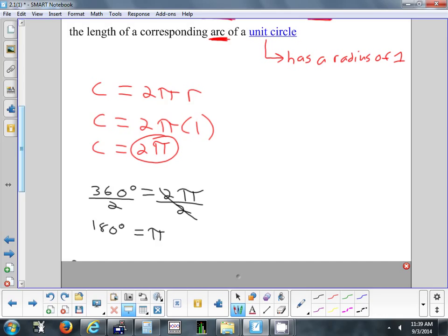You always have a 1. Well, let's say I want to get a 1 on the, let's start on the left-hand side. What could I divide each side by to change the left-hand side to a 1? 180. Divide it by 180.